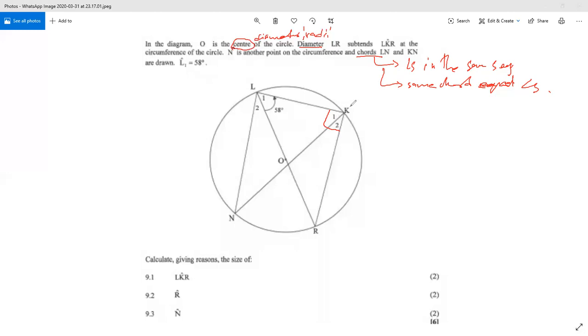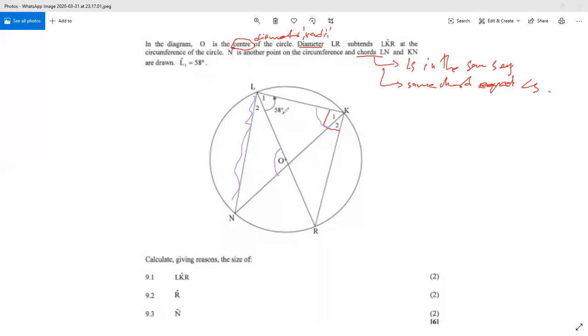So let's see, this chord here and that chord actually do not really give us much information, because if you think about it, this chord literally subtends one angle, and it is this angle here. Well, maybe you may say another angle that it subtends could be that one, right? That's fine. Then what is another chord that we are directed to? KN.